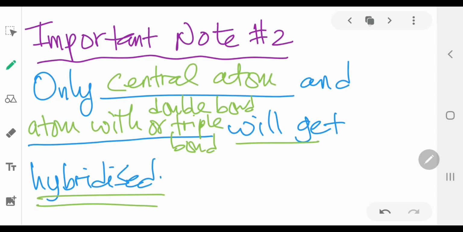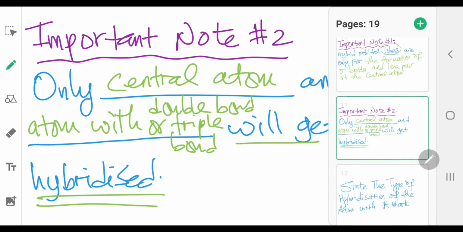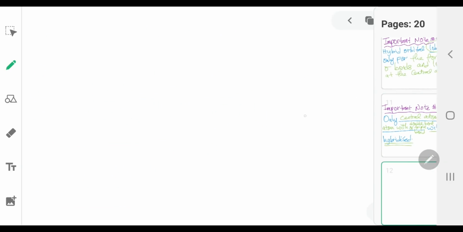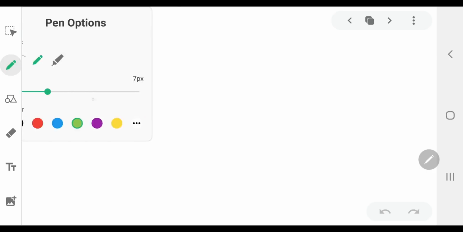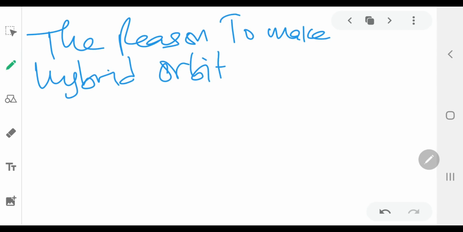Okay, a lot of people might ask, why do we need to form hybrid orbitals? Okay, the reason. So what is the reason for hybridization? The reason to make hybrid orbitals.